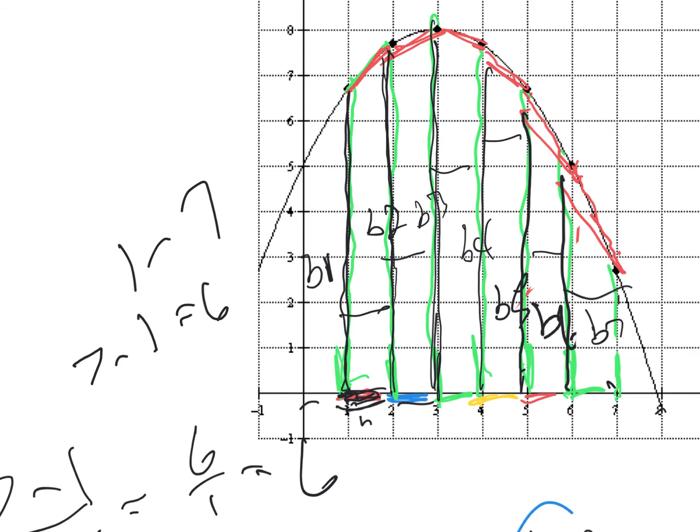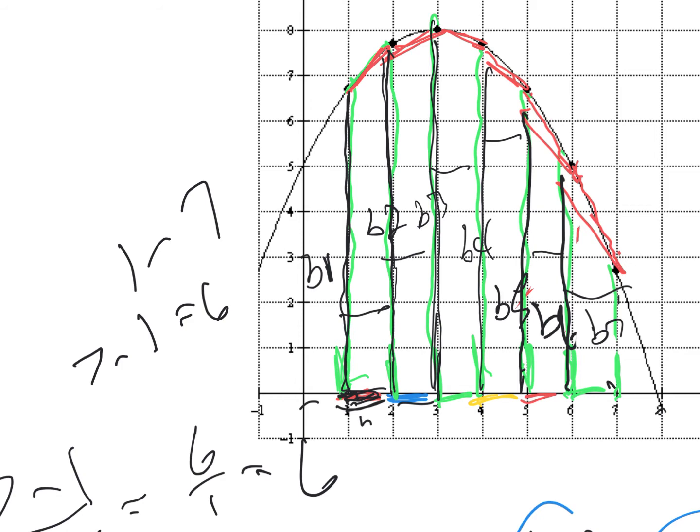So in other words, there's a repeat here of B2. That means there's 2 of the B2s. And then I added a B3 to that. Then I do the next trapezoid, and lo and behold, there's a B3 again. So you see, there's a duplicate of the B3, and then I added B4. So there's 2 of the B3s. Then you'll find out there's 2 of the B4s. Then there's 2 of the B5s. But there's only 1 of the B6s.